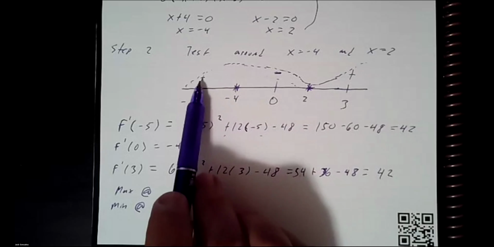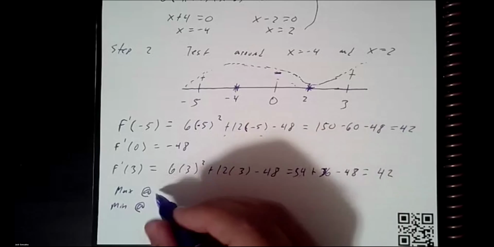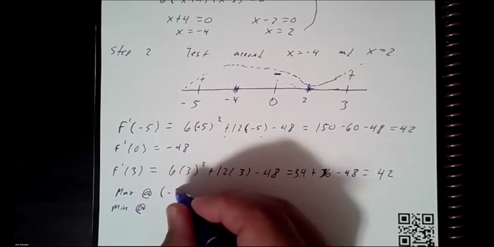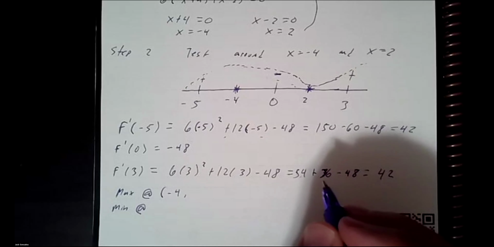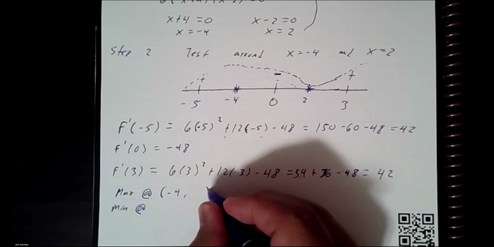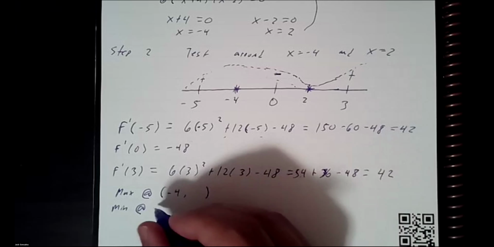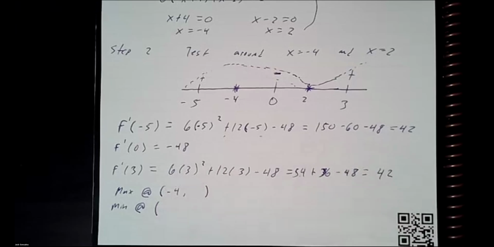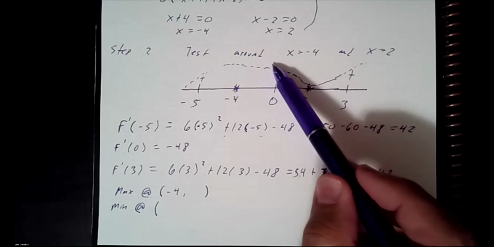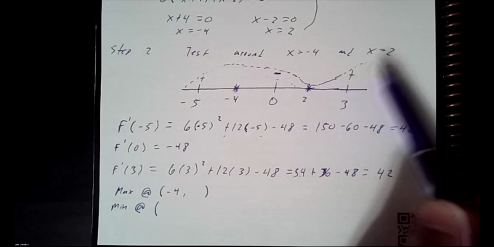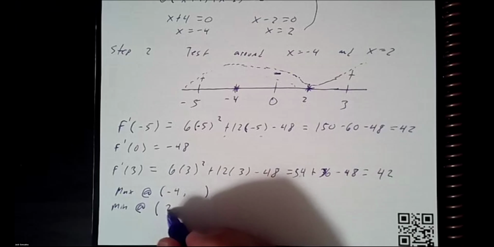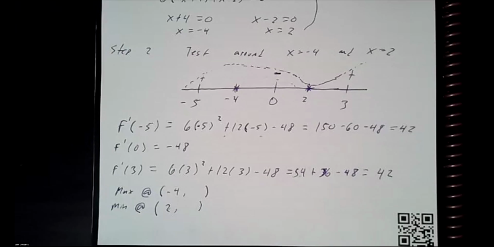So we went from plus to minus, so we have a maximum at -4, comma something, right? Minimum is gonna be what? Minus to plus, 2, comma something.